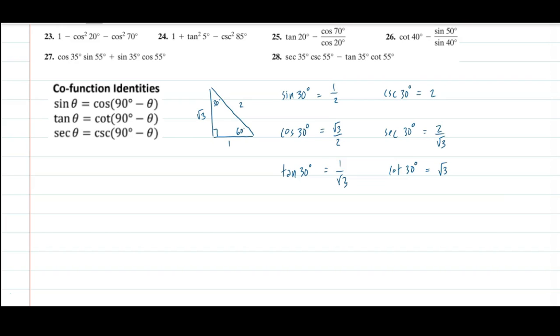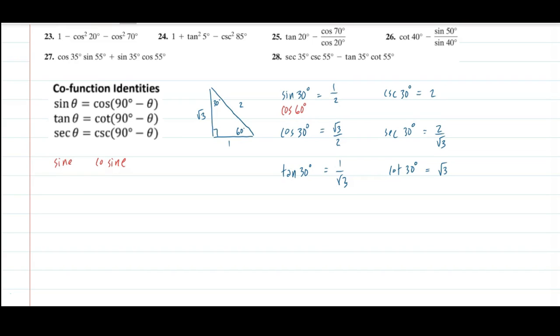Okay. Now, how do the cofunction identities work? All right, so when we say sine, and then we say the co of sine, there is a relationship, all right? Notice that if I had asked you for the cosine of 60 degrees, think about it.